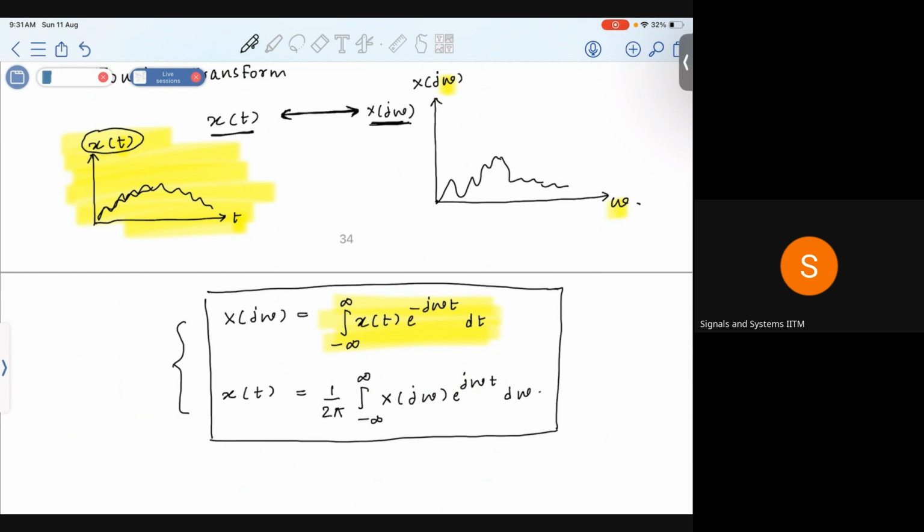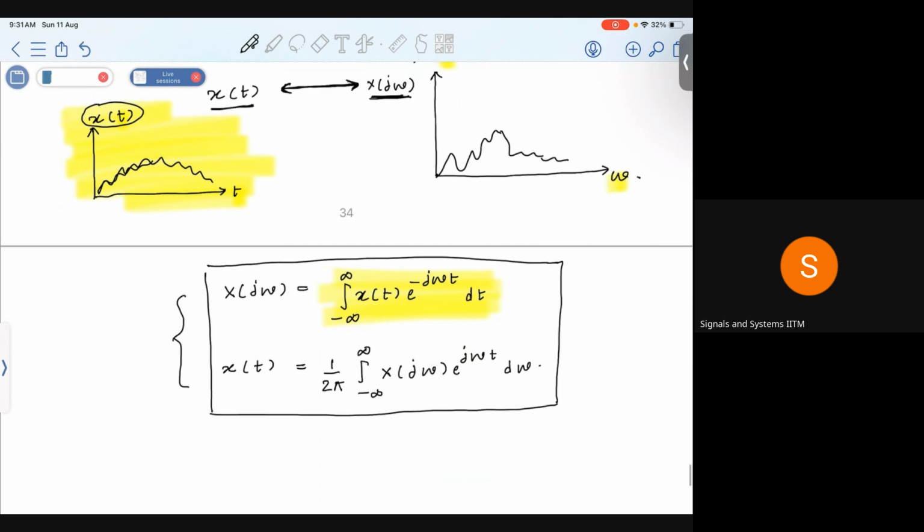So when your weight is less, there are certain benefits. That's the reason: when certain things are complicated in the time domain, when you look at the same signal in the frequency domain, there are a lot of benefits.